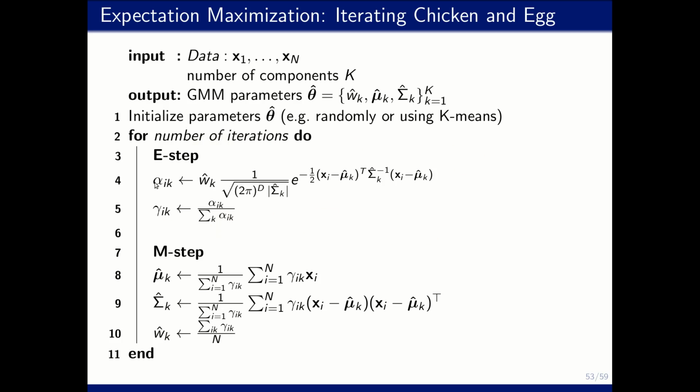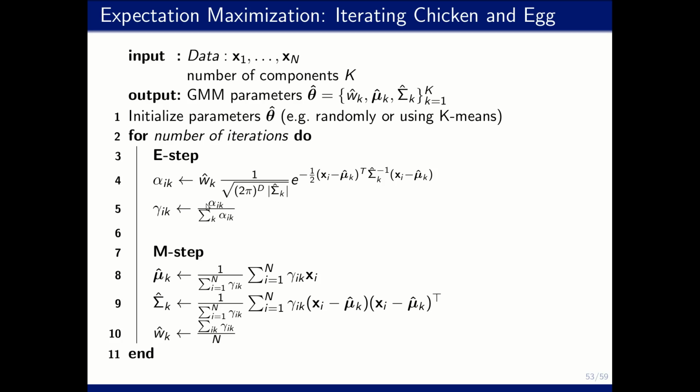So we have these alpha ik's, where i is the sample index and k is the component index. We just take the current weight for each component and multiply it with the kth Gaussian density evaluated for the ith sample. k runs over components, i runs over samples.